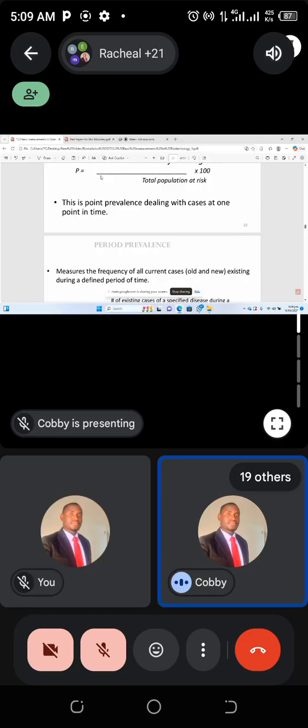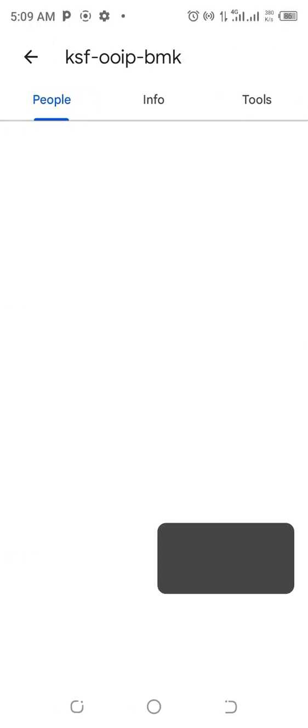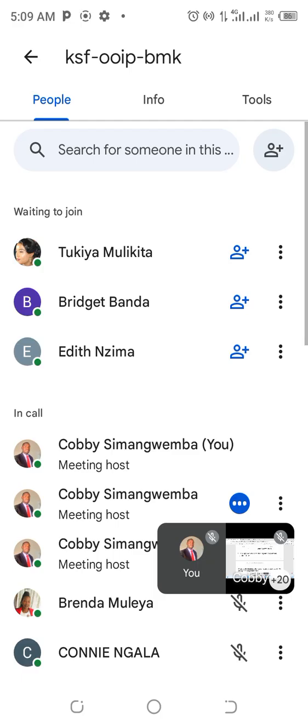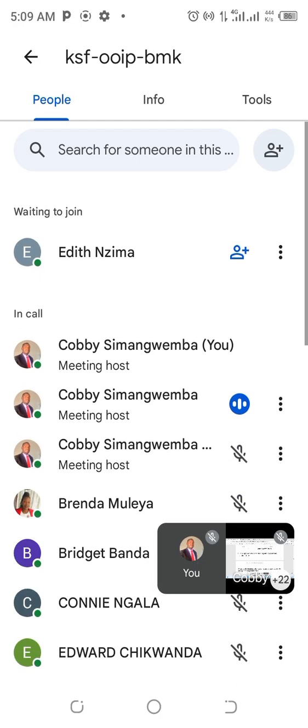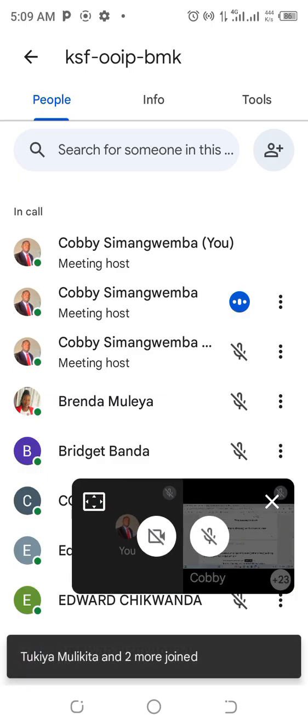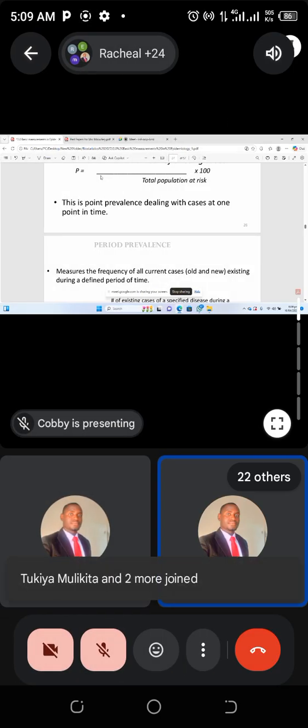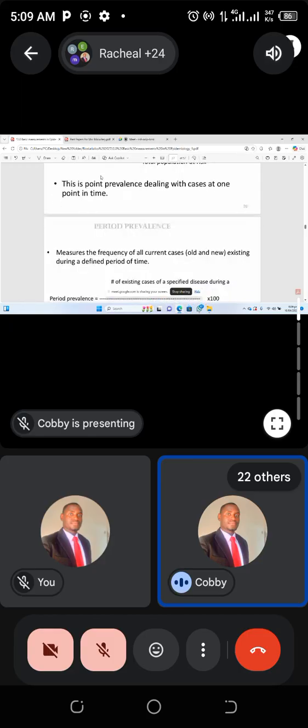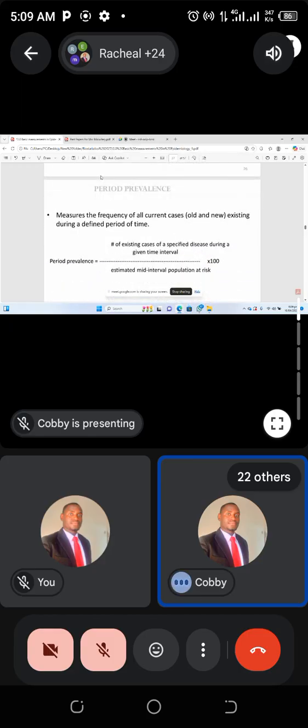Then there is also period prevalence, which is the number of cases during a specified period of time.